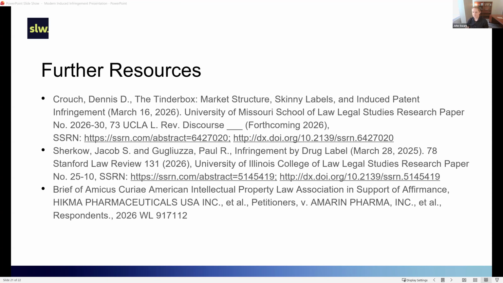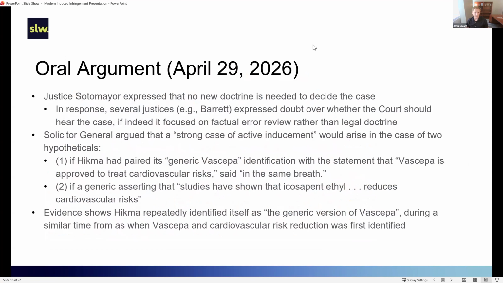I think what the Solicitor General is saying is that, and I'm going to go back to the quote, which I found interesting. I think this is the big takeaway from this oral argument: the Solicitor General saying, well, here's two hypotheticals that I think would be a strong case of active inducement.